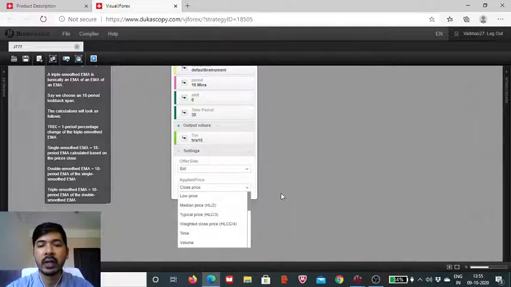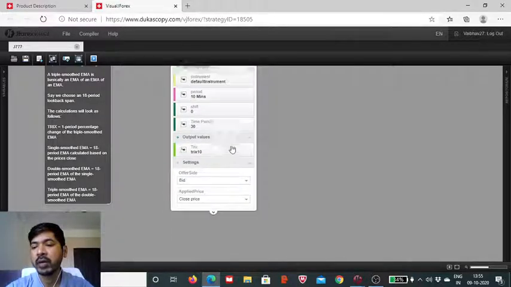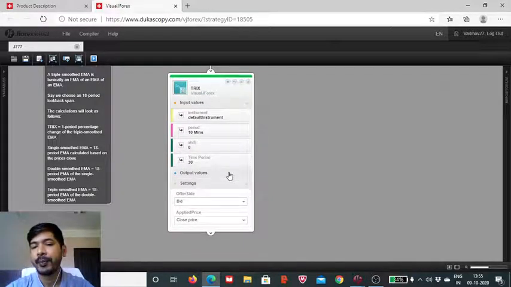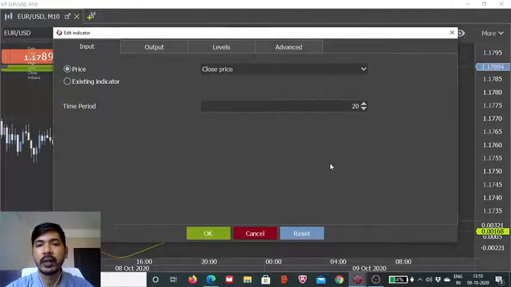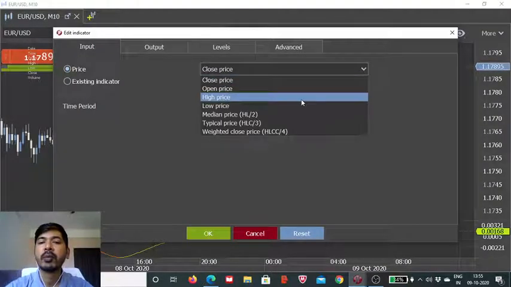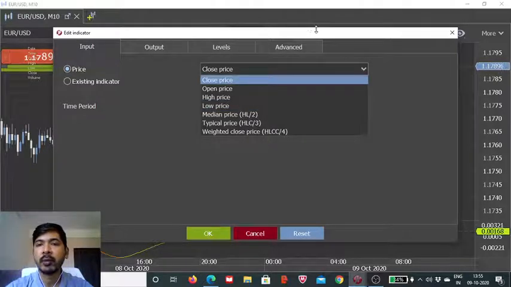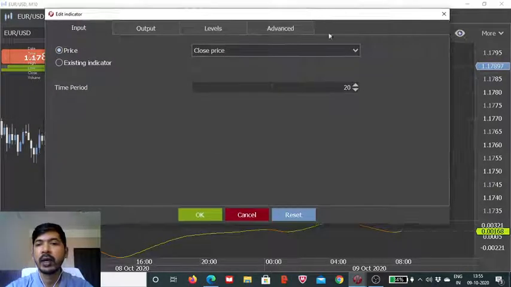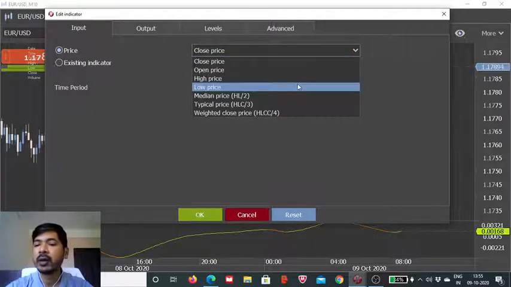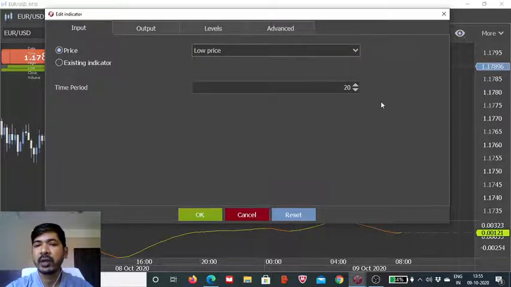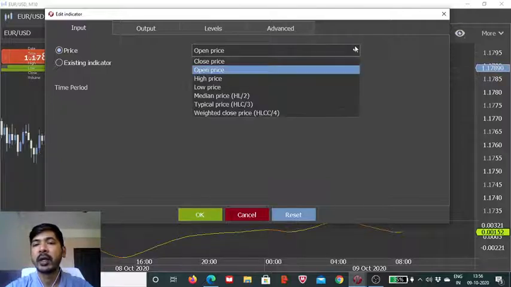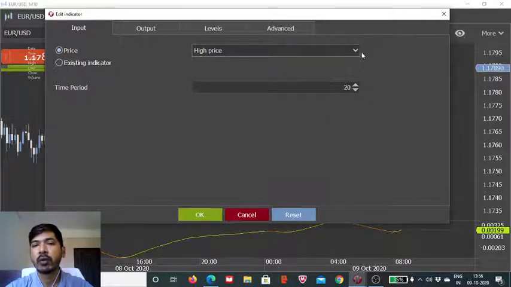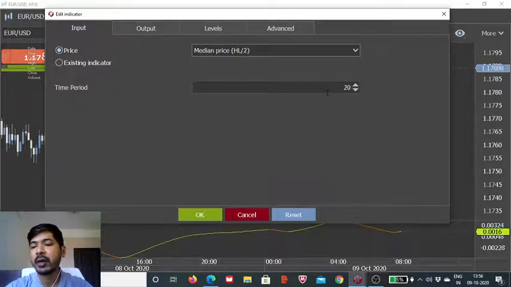So all these options are here, and basically you have to see what is the appropriate applied price, and then depending on your observation and the utility of that particular price, you can experiment. For example, here we can take the low price, and there will be a slight difference between the output values depending on what kind of applied price you are using for calculation of the TRIX.